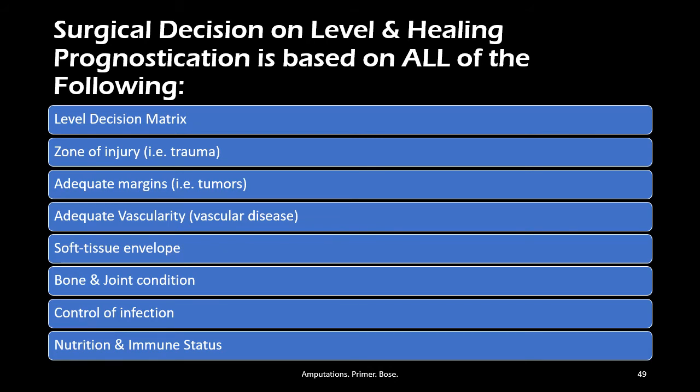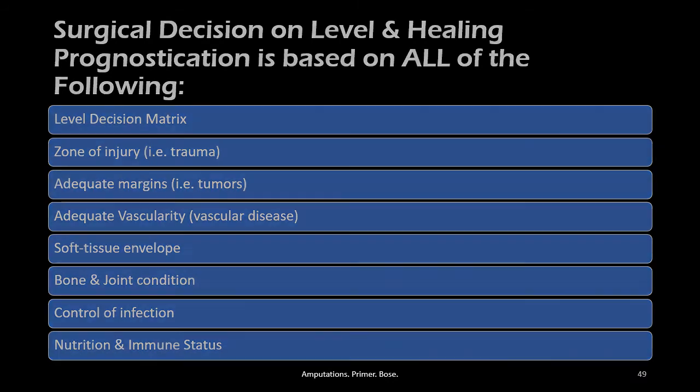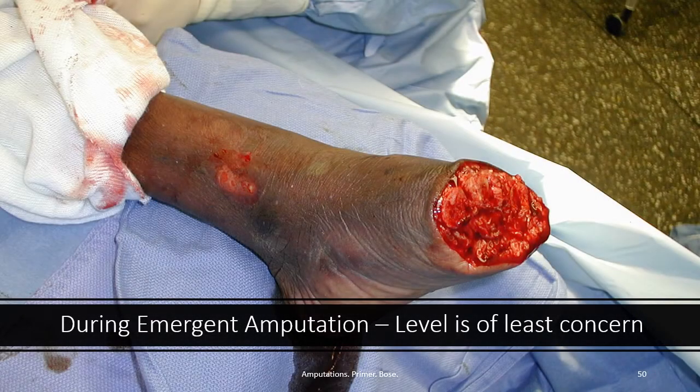During elective amputation, the level is clearly identified and agreed upon in advance. Determination of level is of least concern during emergent amputations. This is an example of a guillotine amputation of the foot.